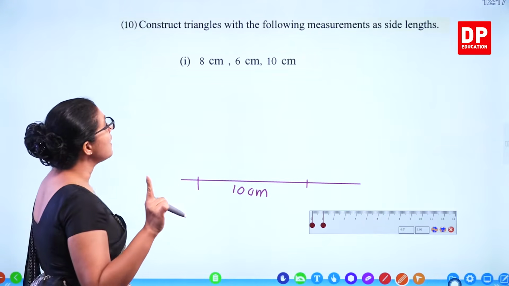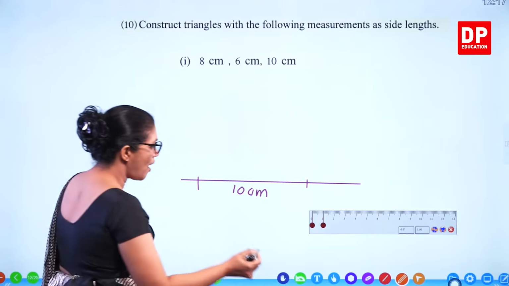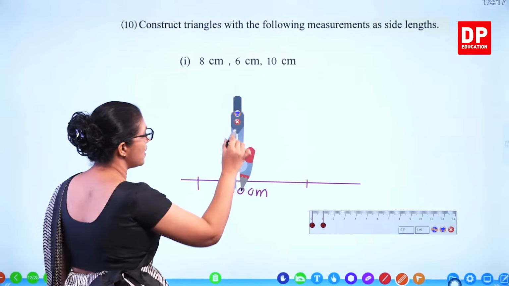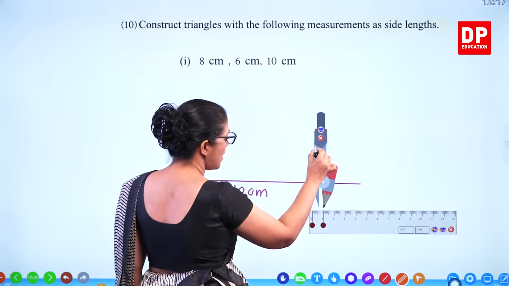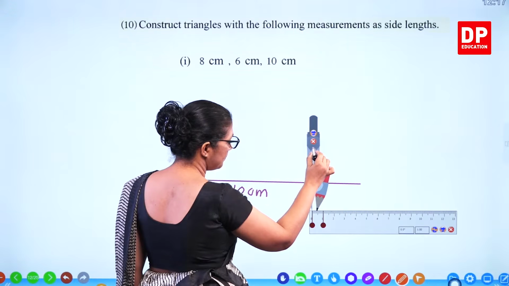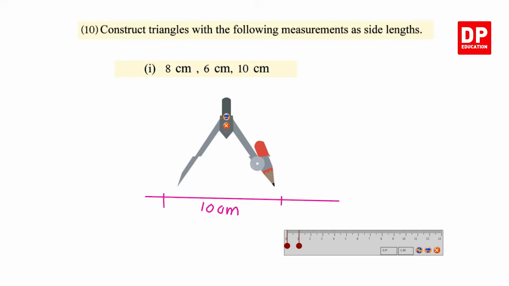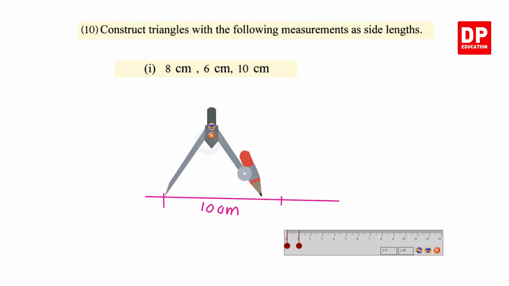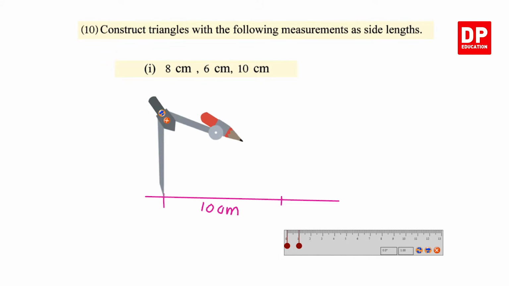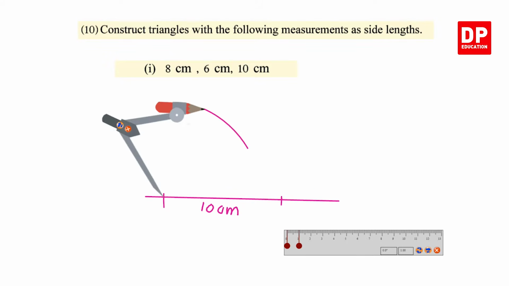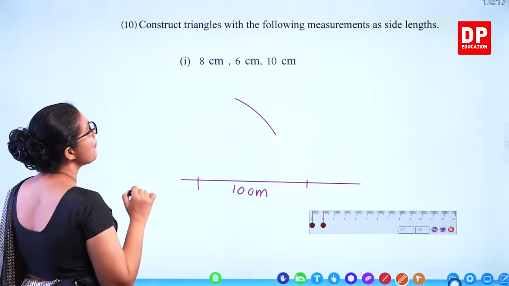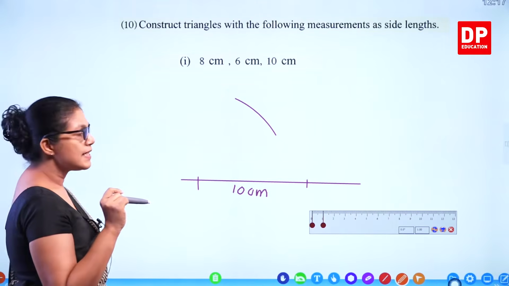The other two lengths are 8 and 6. So you have to take the compass and measure 8 centimeter length. So here 8 centimeter length, and we take one point and draw the arc in the middle. Then we have to take 6 centimeter length.